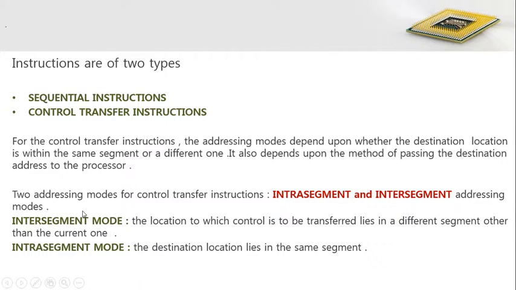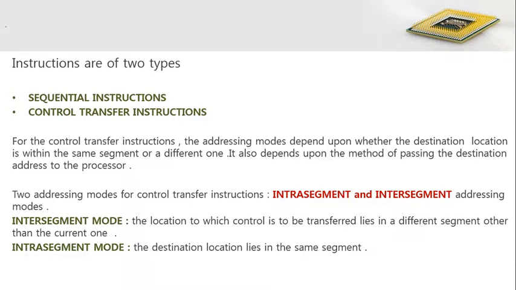For the control transfer instruction, the addressing modes depend upon whether the destination location is within the same segment or a different one. Control transfer means transferring control to a distant location which is not present sequentially just after the currently executed instruction.